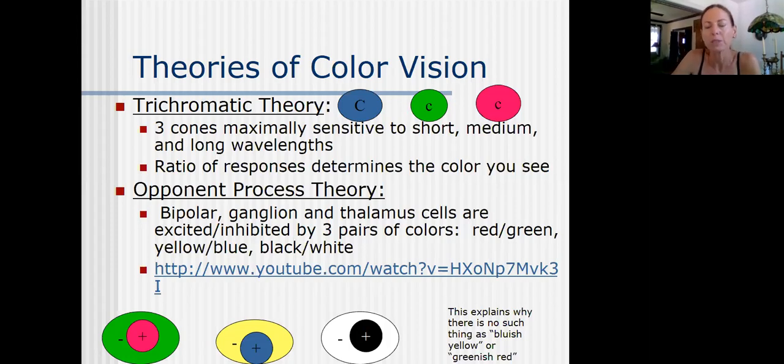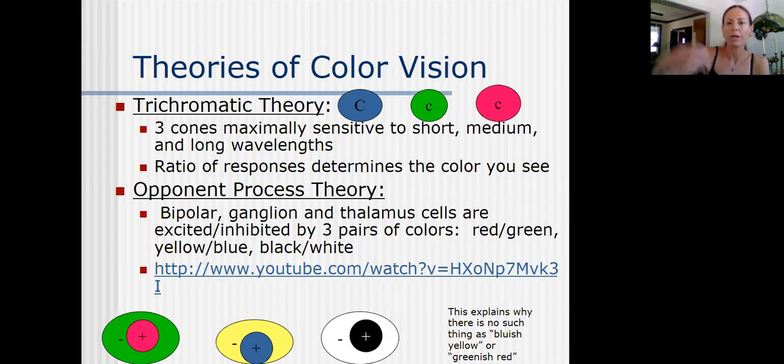Another theory of how we see color is called opponent process theory. That's the idea that we have different cells, the bipolar cells, the ganglion cells, and cells in the thalamus, where eventually visual information will go, that are excited and inhibited by 3 pairs of colors. So in a single cell, you might get a cell that's excited by red and inhibited by green.